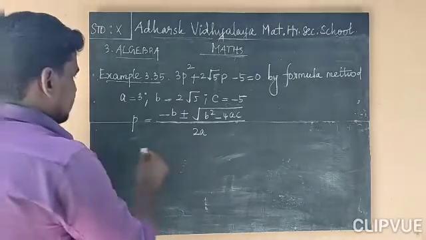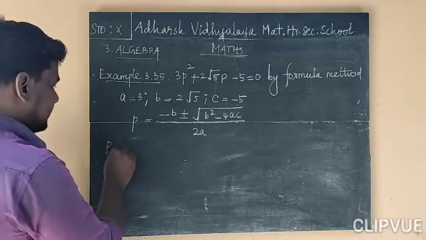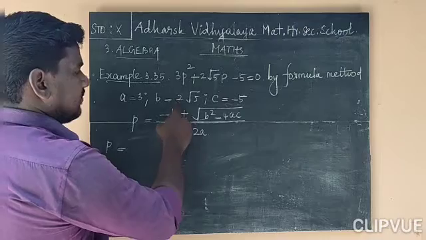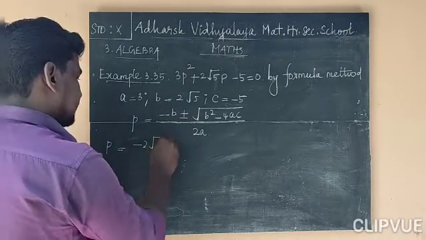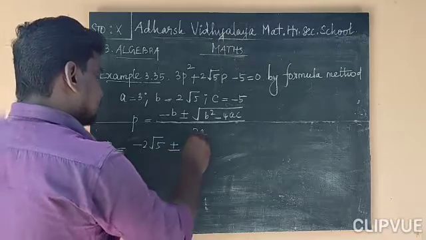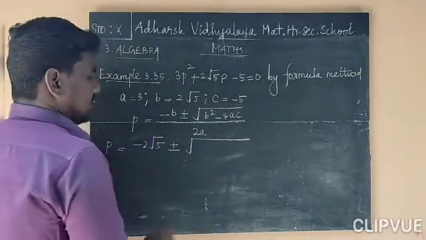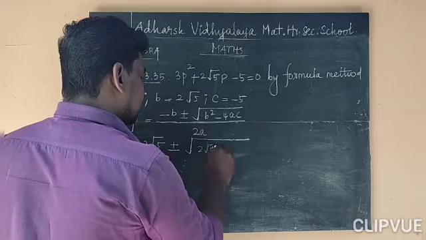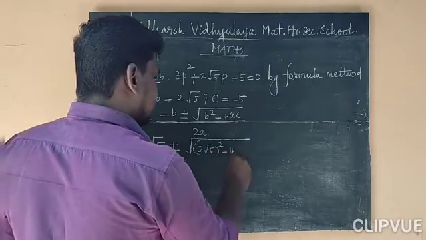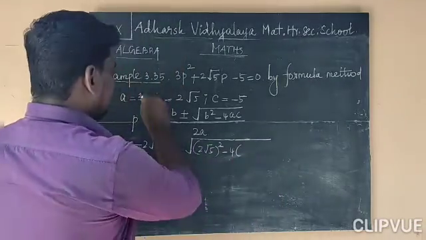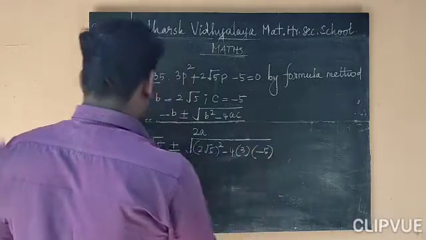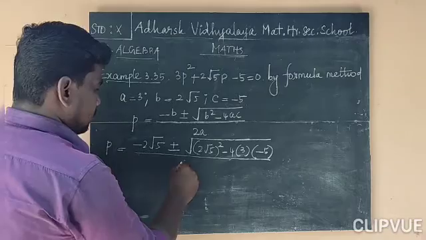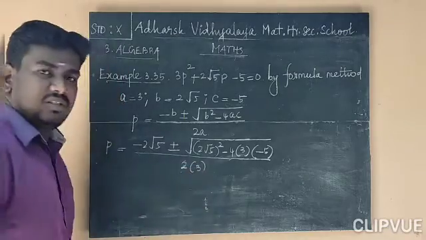Okay, right. So p, which is equal to, what is b? B value is 2 root 5. So this is minus 2 root 5 plus or minus root of b square. So 2 root 5 whole square minus 4 into a value 3 and c value minus 5, whole divided by 2 into a, 2 into 3.